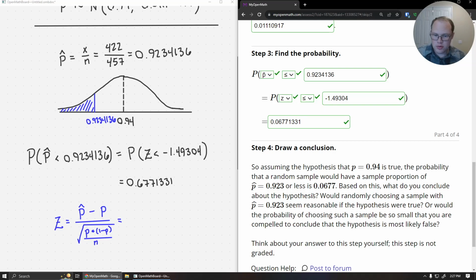Okay? Whoops, and I wrote it wrong here, didn't I? I forgot a 0. 0.0677131. There we go. Okay, so there's about a 6.8% chance that just by chance, if the hypothesis is true, that we get a random sample where the sample proportion is 0.9234 or even further away from the hypothesized population proportion of 0.94.